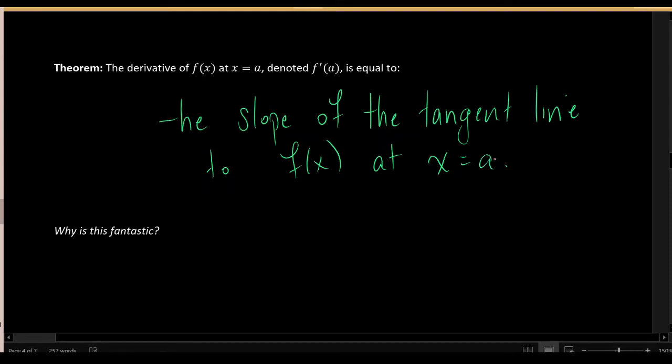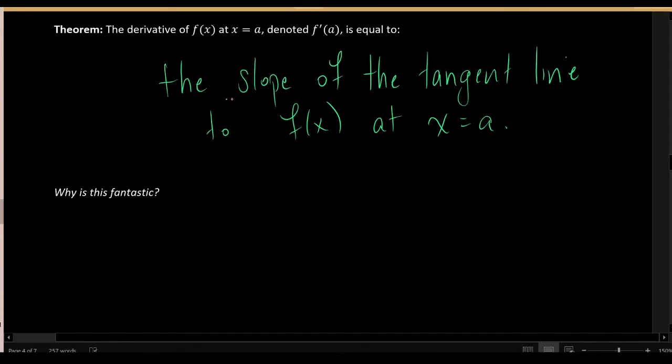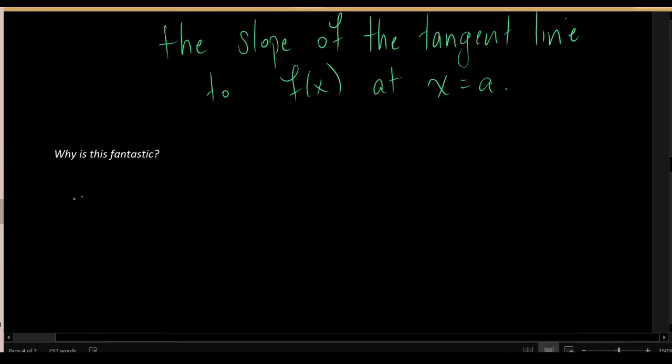Now, why is this something that might matter? Well, we'll get into more detail about why this is significant as the days go along. But one reason why this is fantastic is that it's really easy to tell just from the graph of a function whether the slope of its tangent line is positive or negative.